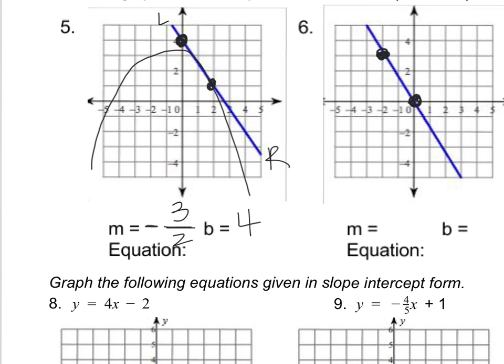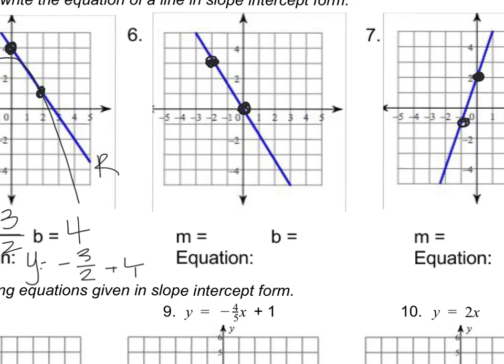And you're still on the line. So don't forget, at this point you need to write the equation. Put it all together. So our equation is y equals negative 3 halves plus 4.